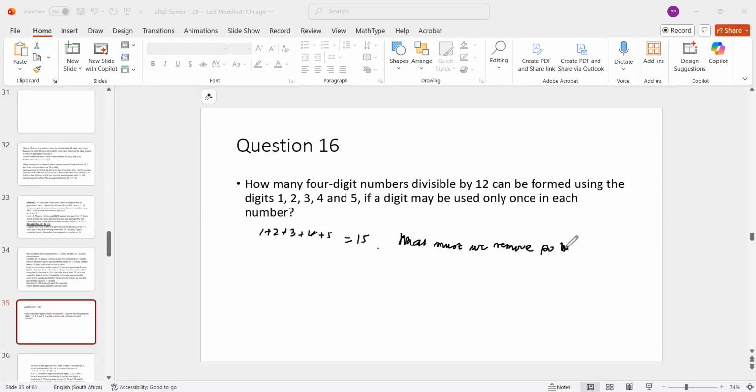We must remove one so that the remaining 4 digits sum to a multiple of 3.